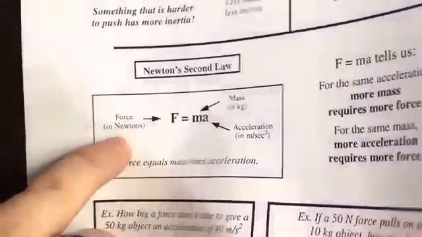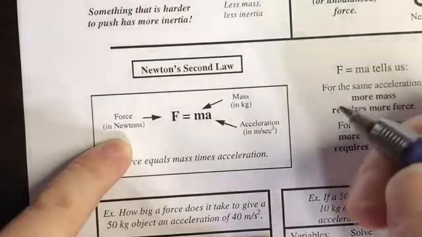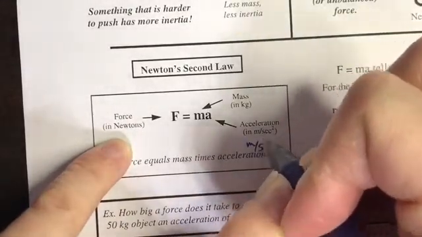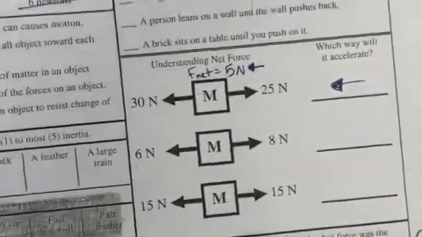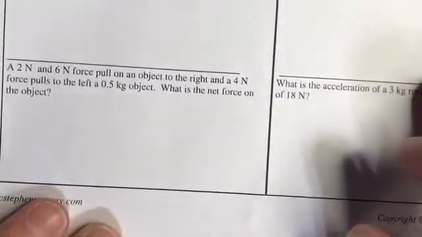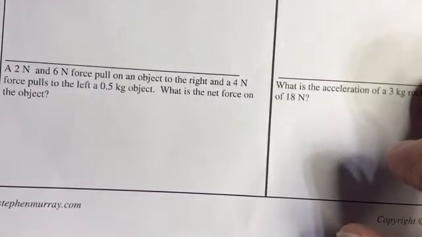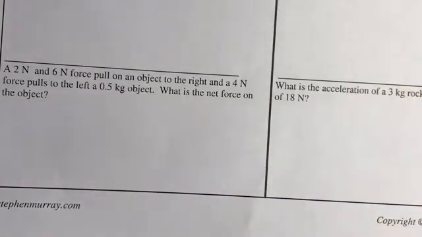And newtons for force. Newtons are the unit of measure for force. Okay? So, good luck working through that worksheet. Do the best you can. And pause this video and then come back to see how to check your answers.